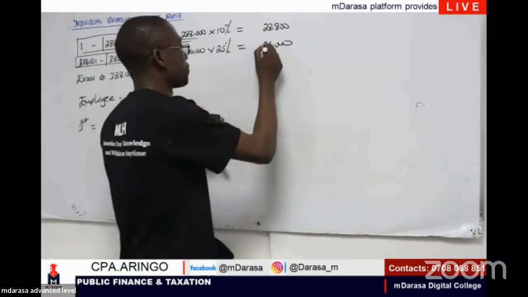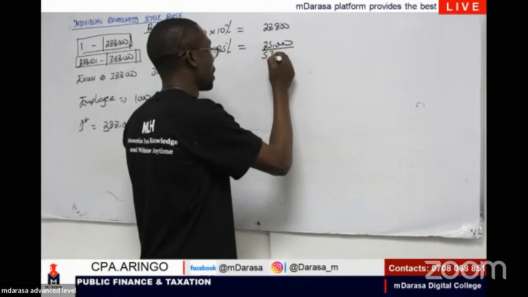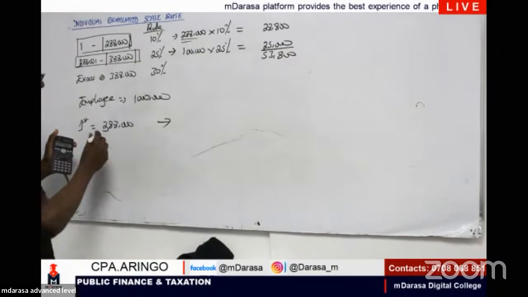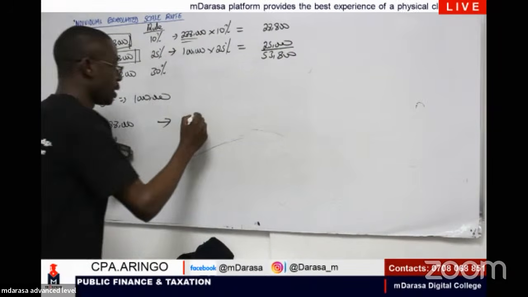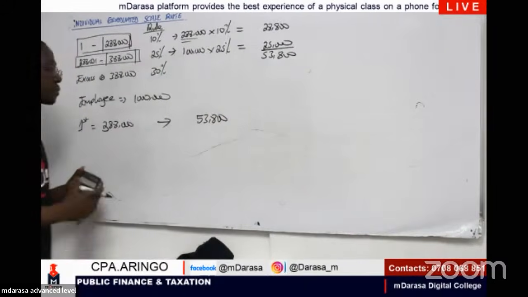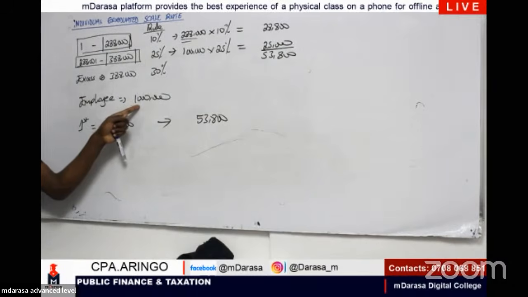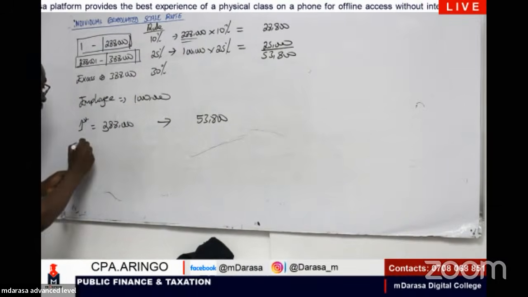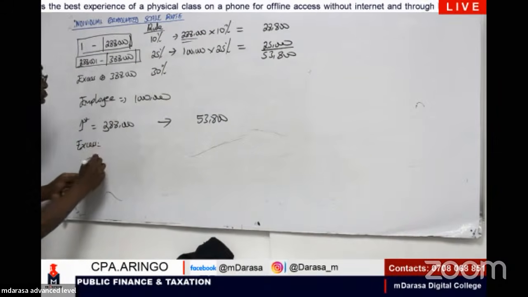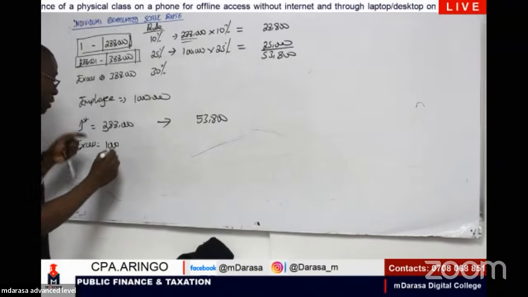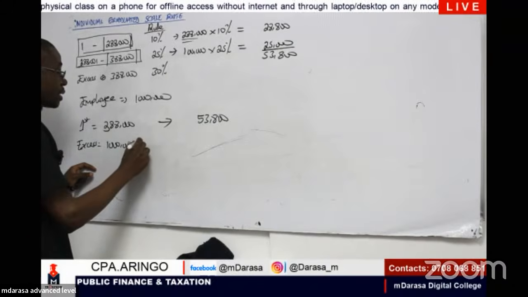So I'll be expected to pay 53,800 as tax on the first 388,000. We were taking this scenario, this person earning 1 million. So how do you go about it? I'll be having excess of 388, that is, 1 million minus 388,000.